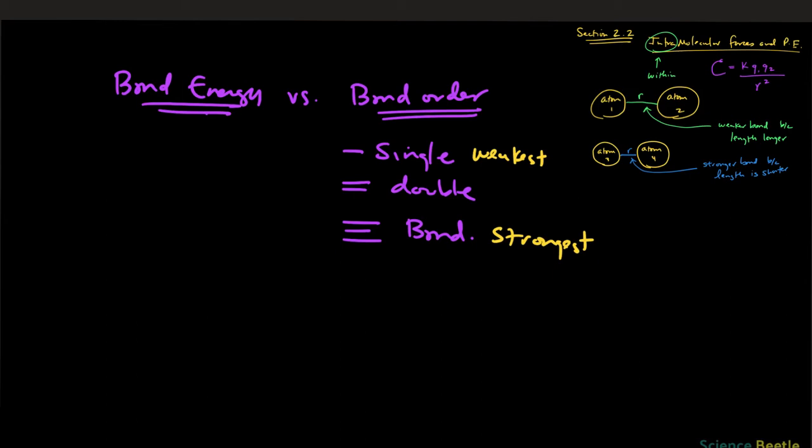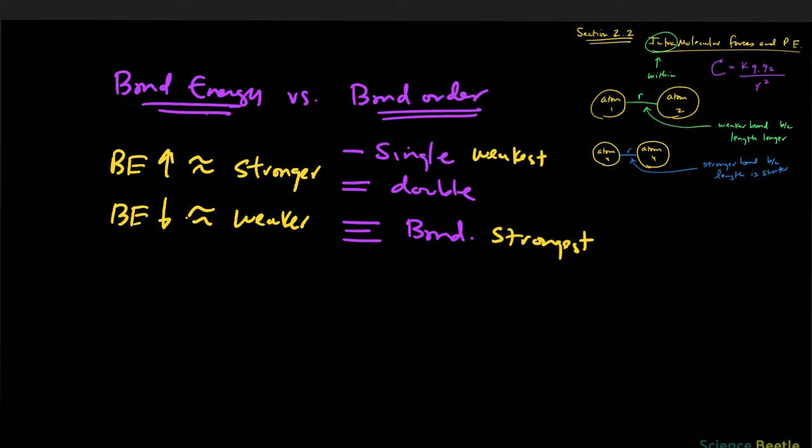Just to summarize, if the bond energy goes up, this is essentially congruent with stronger, and if the bond energy goes down, this is essentially congruent with weaker. All of these items are also tied into the notion of bond order. Both of these can go hand in hand, and you can use both to your advantage to figure things out.